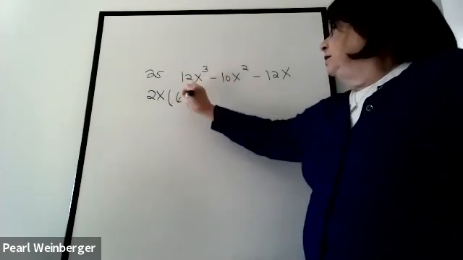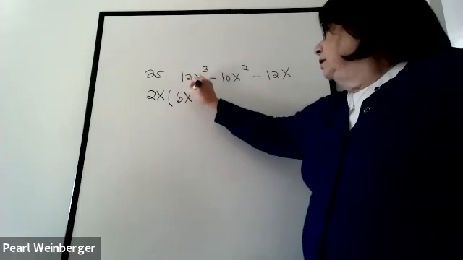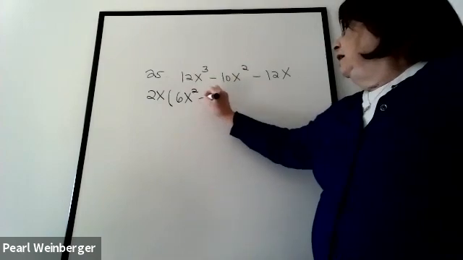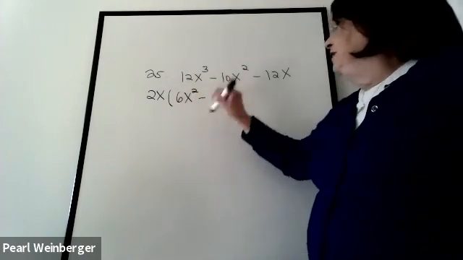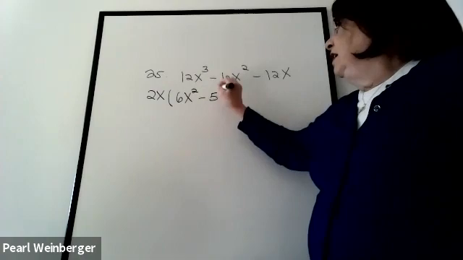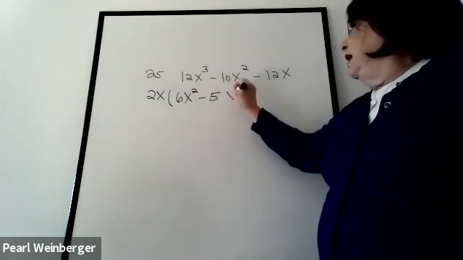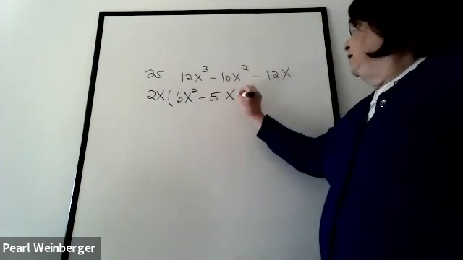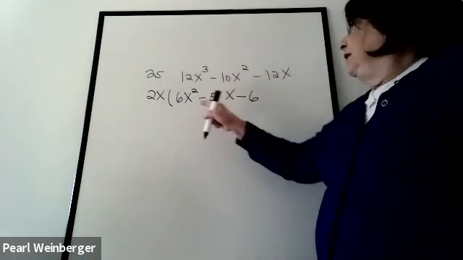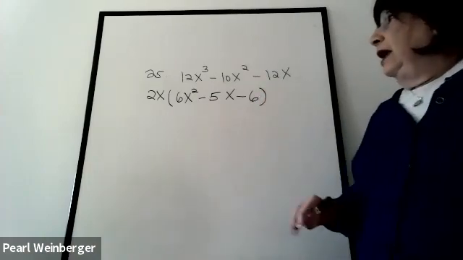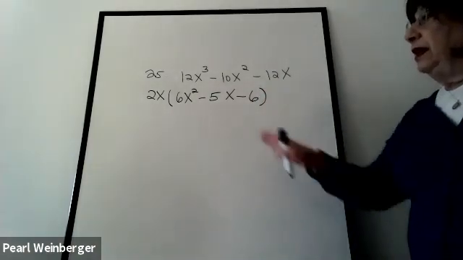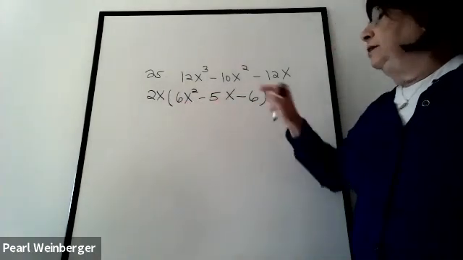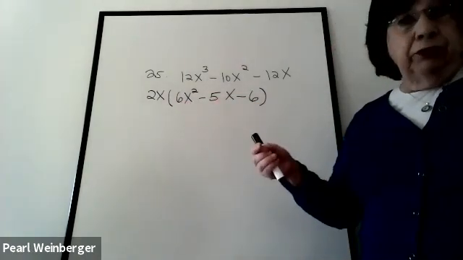X into x third is x squared. Then 2 into negative 10 is negative 5. X into x squared is x. And finally, 2 into negative 12 is negative 6, and the x's cancel out. And I'm left with my trinomial of 6x squared minus 5x minus 6 inside my parentheses.